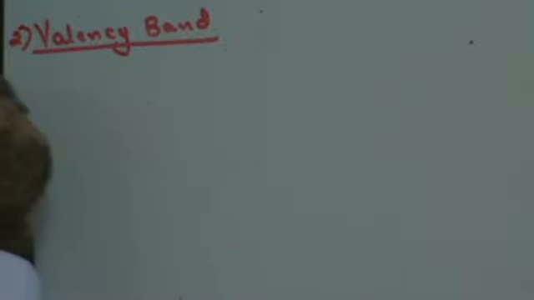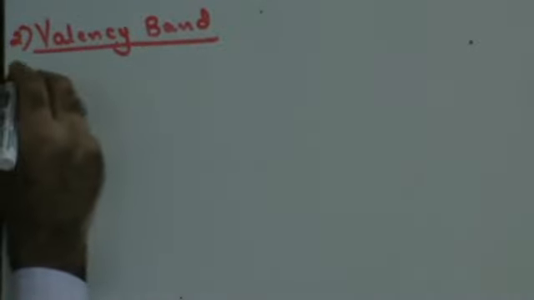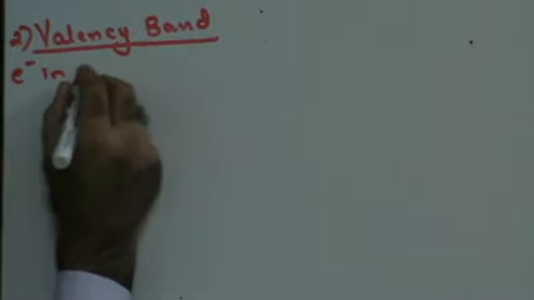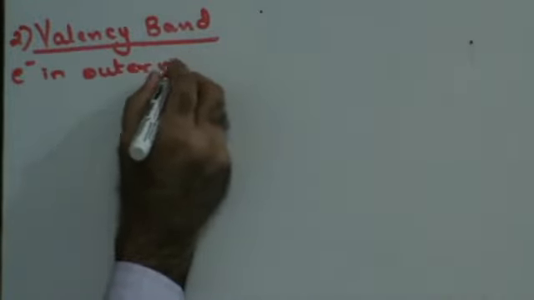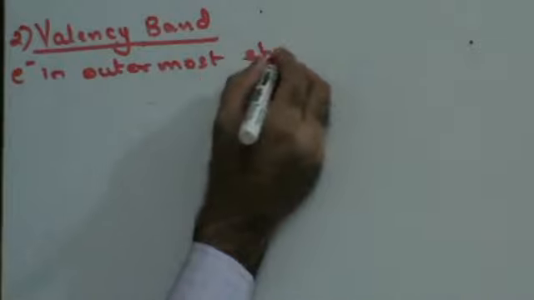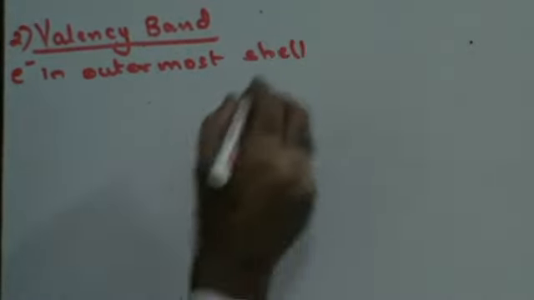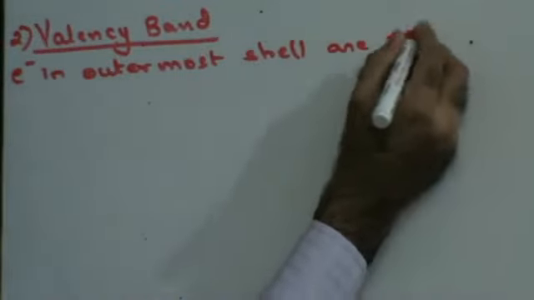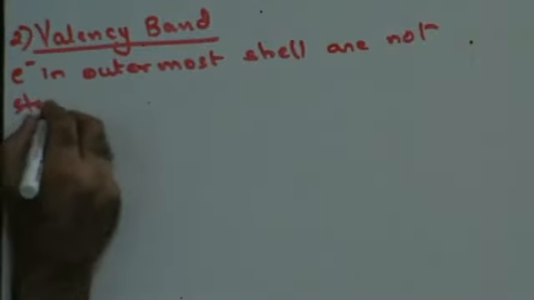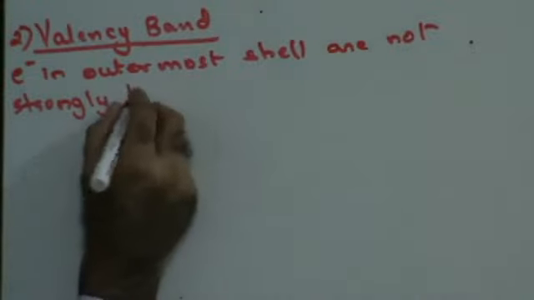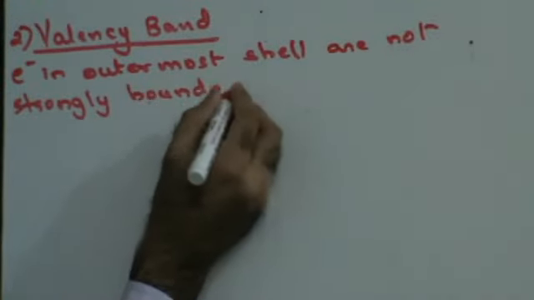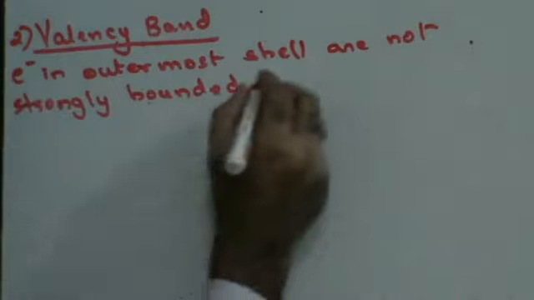So I can say that the electrons in the outermost shell are not strongly bounded to their nuclei.